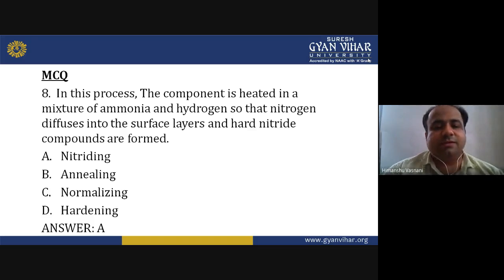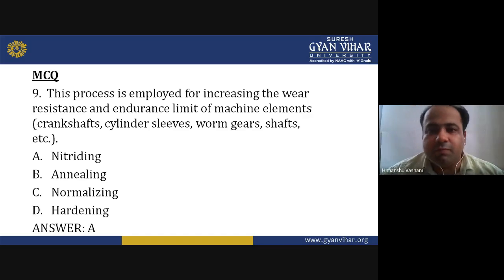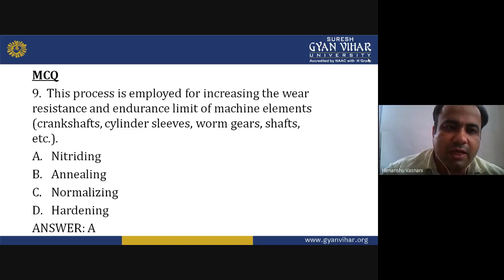What do we call this? We call this nitriding. Now this process is employed for increasing the wear resistance and endurance limit of machine elements, that is the crankshafts, cylinder sleeves, worm, gears, shaft, etc. What do we call this process? We call this nitriding.